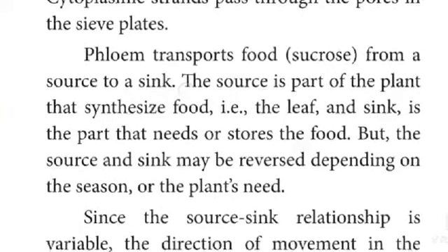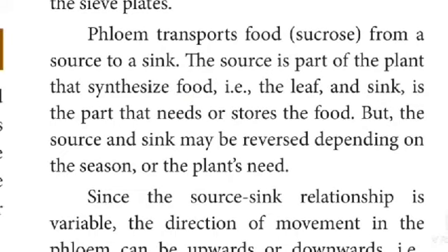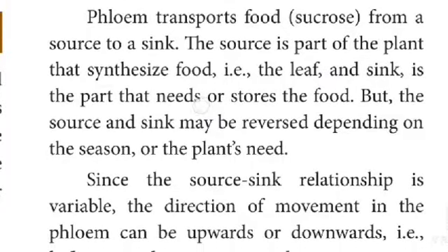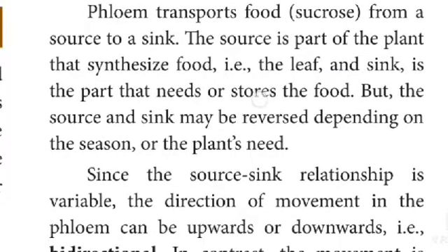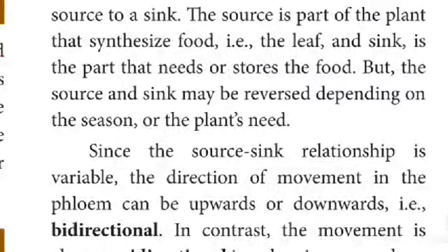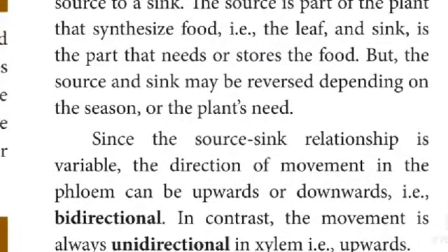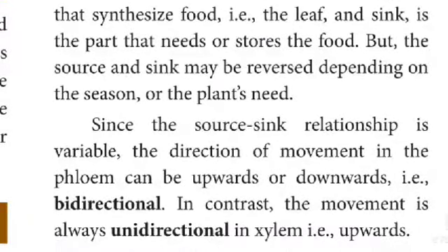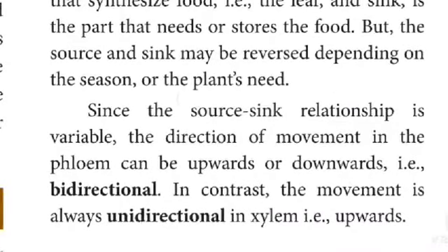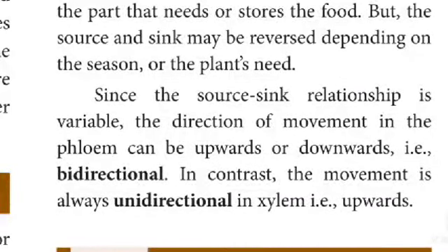From source to sink: the source is the part of the plant that synthesizes food, that is the leaf, and the sink is the part that needs or stores the food. But the source and sink may be reversed depending on the season or the plant's need.